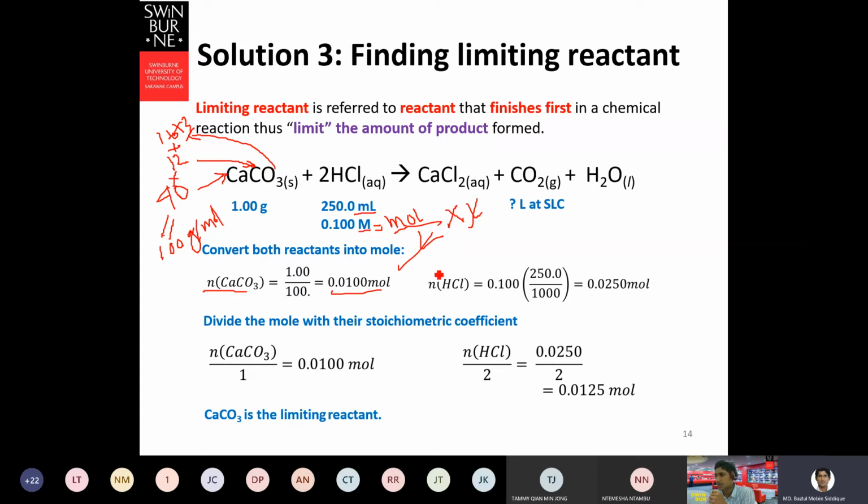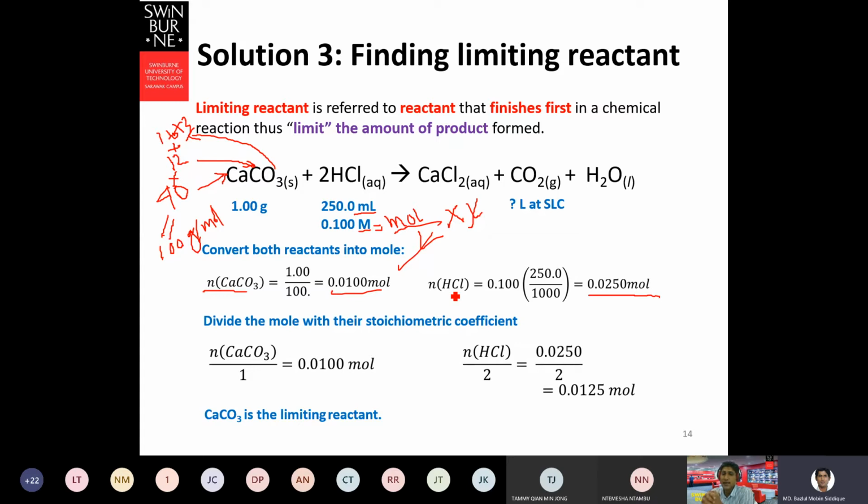So from there we find the number of moles of HCl. All right. So we find the number of moles of calcium carbonate and number of moles of HCl also. And it is good that we are all set, right?